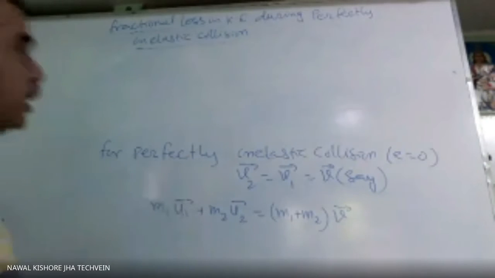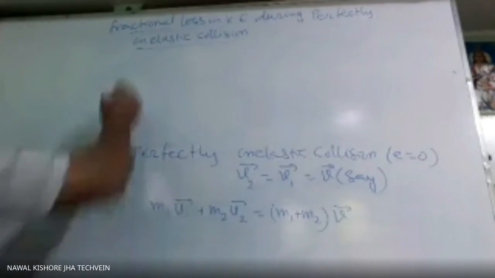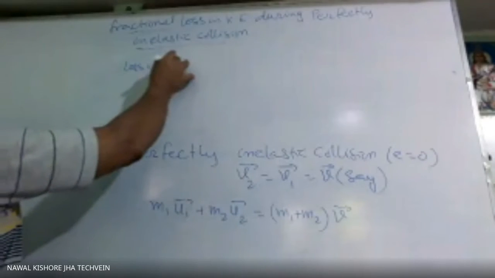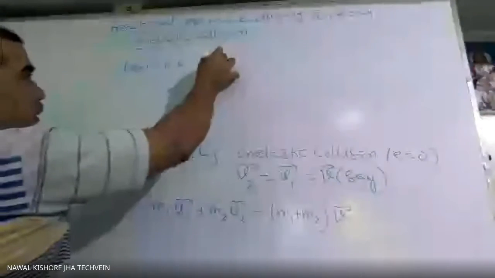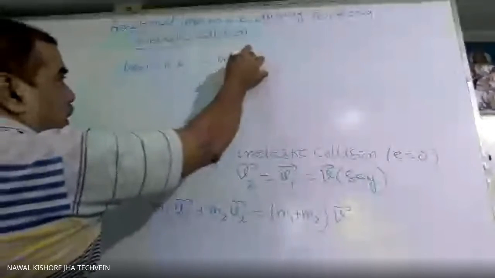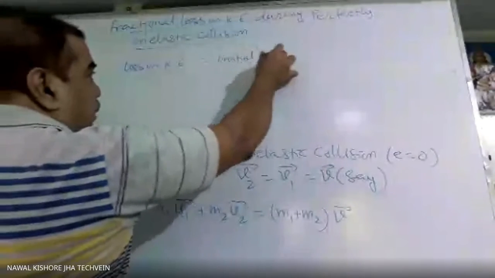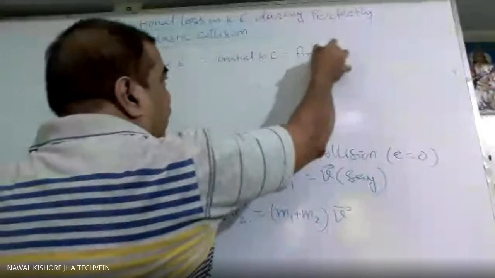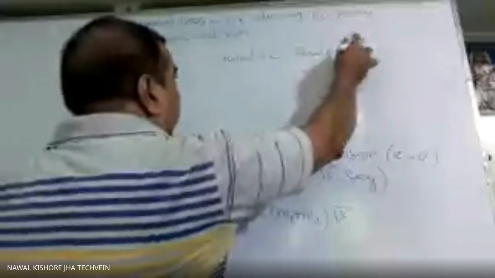So what is the loss in kinetic energy? It is initial kinetic energy minus final kinetic energy of the system.